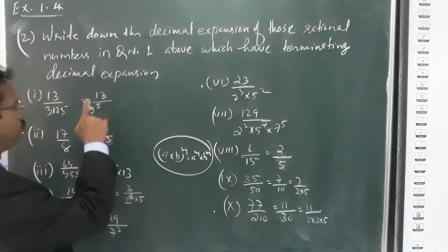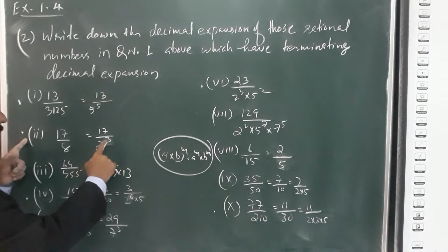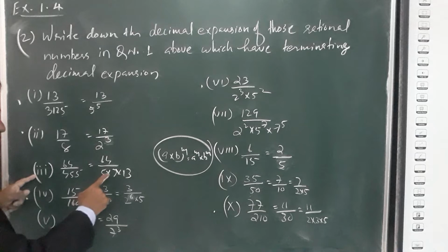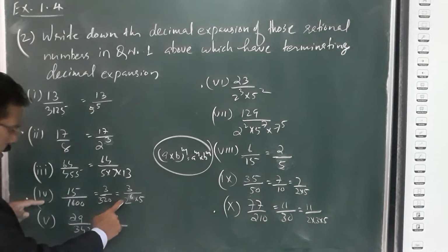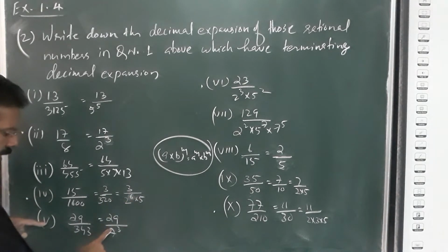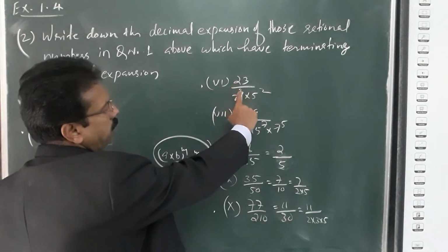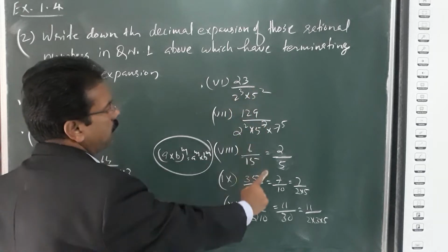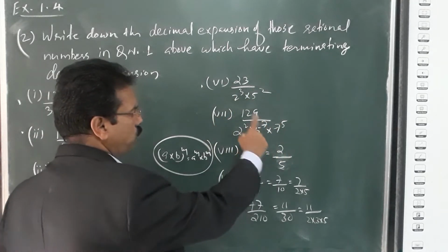This is terminating because the factors are 5 and 2 only. 3 is non-terminating recurring. 4 is terminating because 2 and 5 only. 5 is non-terminating recurring, and 6 is terminating, 2 and 5 only. 7 is non-terminating recurring because 7 is there other than 2 and 5.